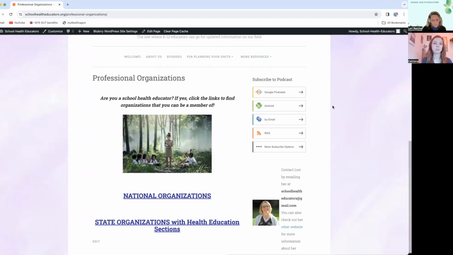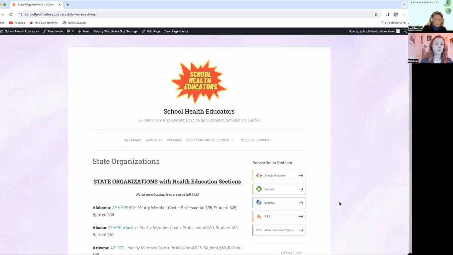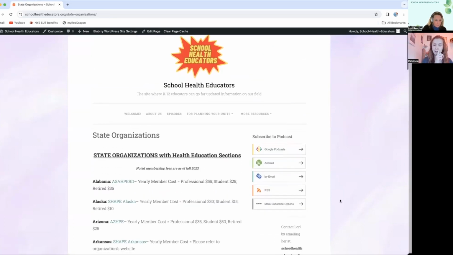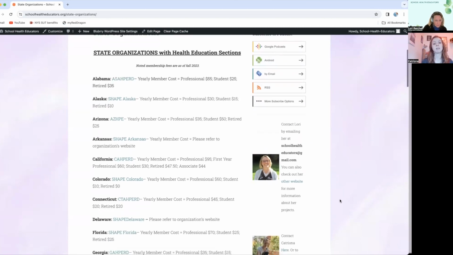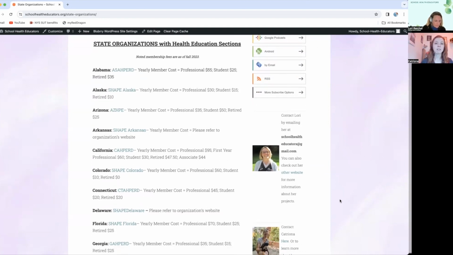If, Lori, you go to the state organizations, so this has all of the states and all of their associated health educator membership organizations. Some of them, as you can see, are free. Some of them, as you can see, are different prices, but all of them are there.